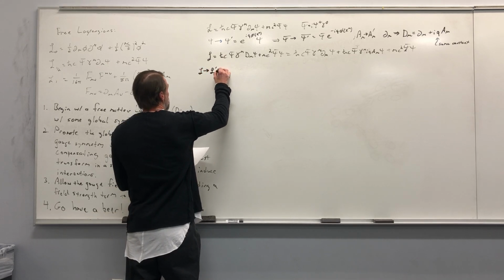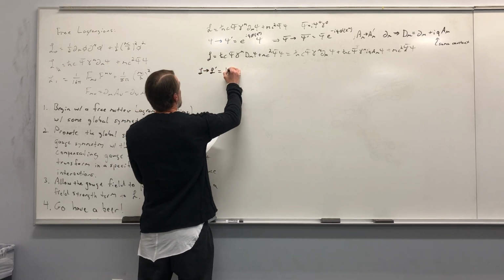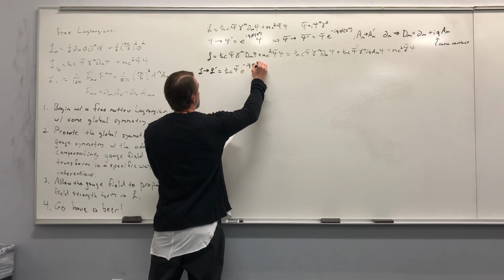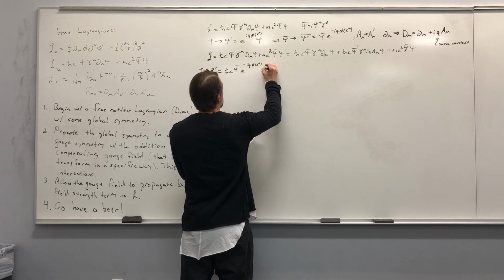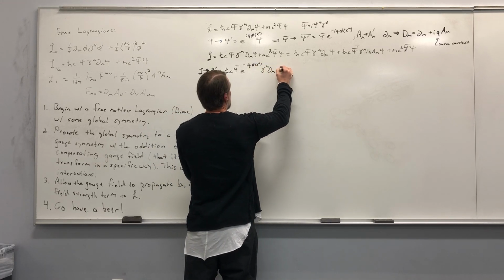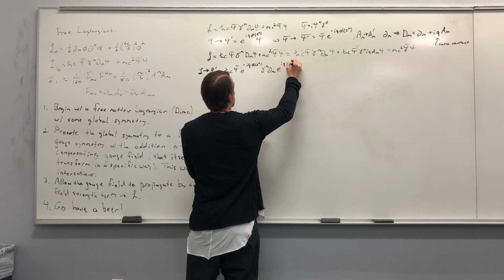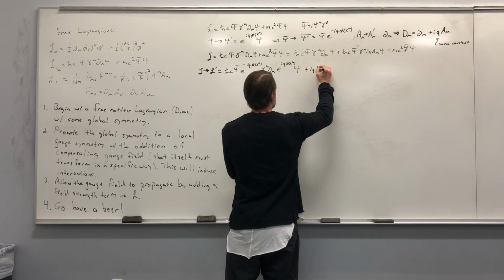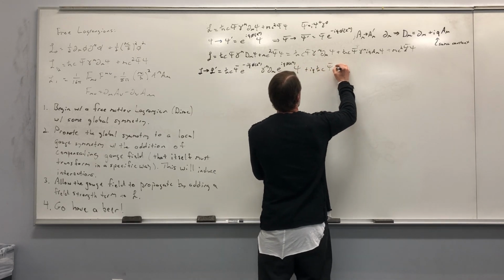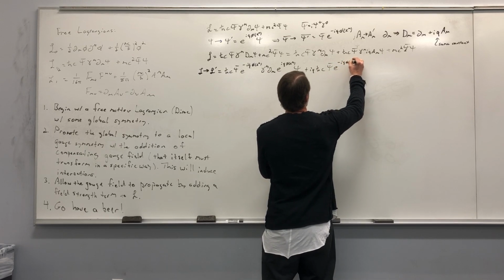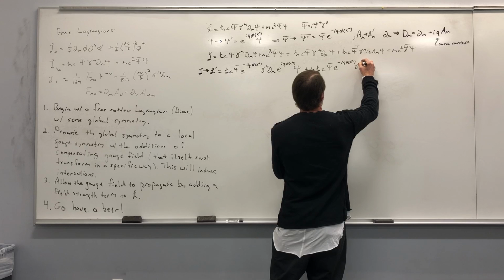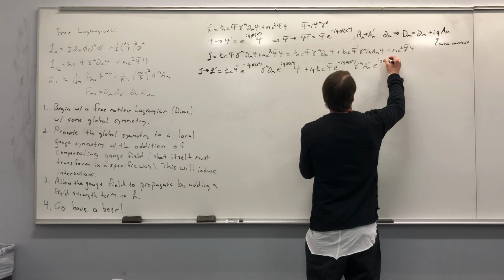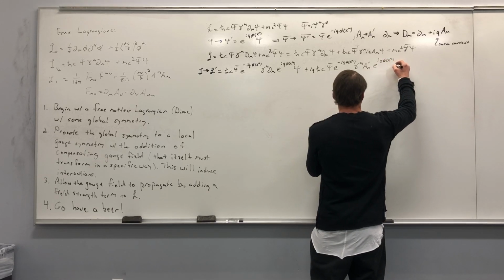L goes to L prime. And let's just shove everything in. h bar c psi bar e to the minus iq phi of x mu, gamma mu d mu e to the iq phi of x mu psi, plus iq h bar c psi bar e to the minus iq phi of x mu, gamma mu A mu prime e to the iq phi of x mu psi.